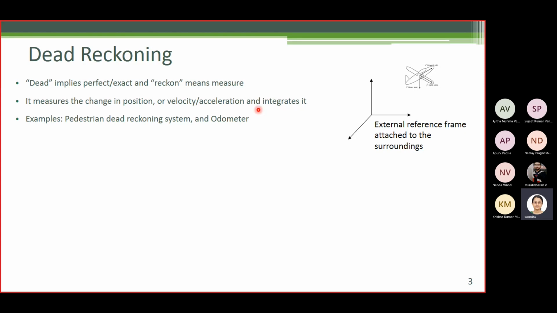The next example is the odometer. Odometers are used in cars to find the distance traveled. It has a ferrous tooth wheel, made of magnetic material, mounted on the transmission shaft or the wheel axle of the vehicle. As the vehicle moves, the transmission shaft rotates and the ferrous wheel also rotates along with it.